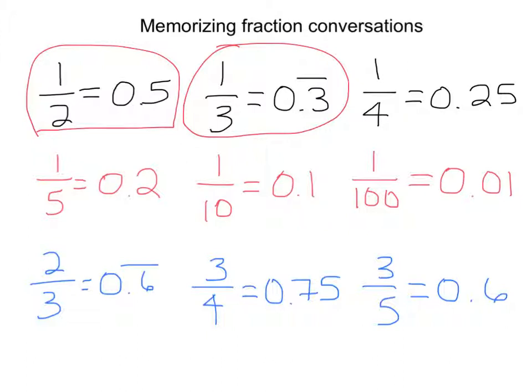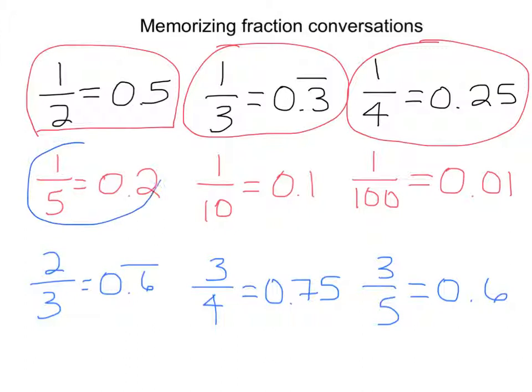And then we have 1/4, which is 0.25, which if you see that, that looks very similar to money. So 1/4 of a dollar is 25 cents. We also have 1/5, which is 0.2.